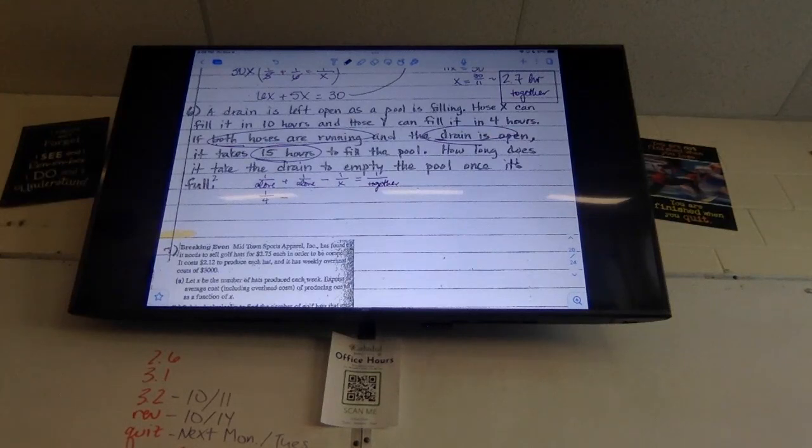What's the other hose then? 10. Good. So one's 10, one's 4. It doesn't matter which one goes first. Remember, addition is commutative, so 1 over 10 plus 1 over 4 is the same thing as 1 over 4 plus 1 over 10. Then I'm going to subtract that 1 over x, and that equals 1 over, how long is it if all of these three things are happening at the same time? 15.